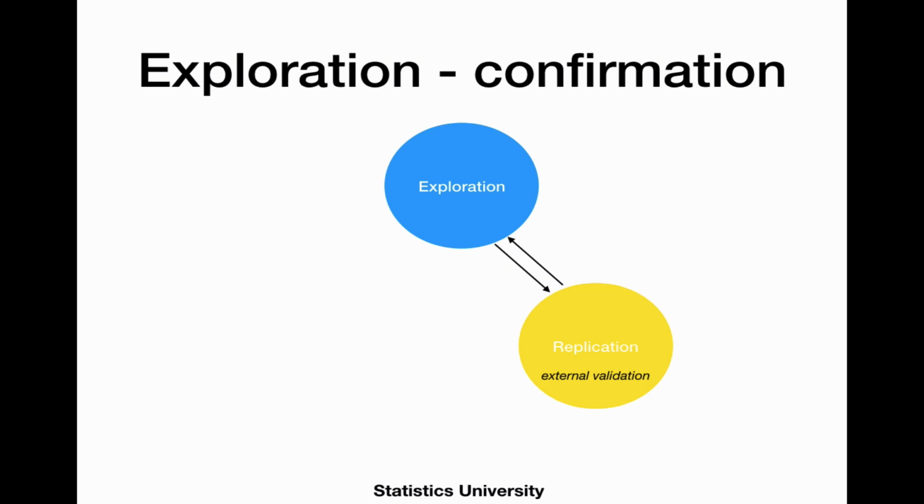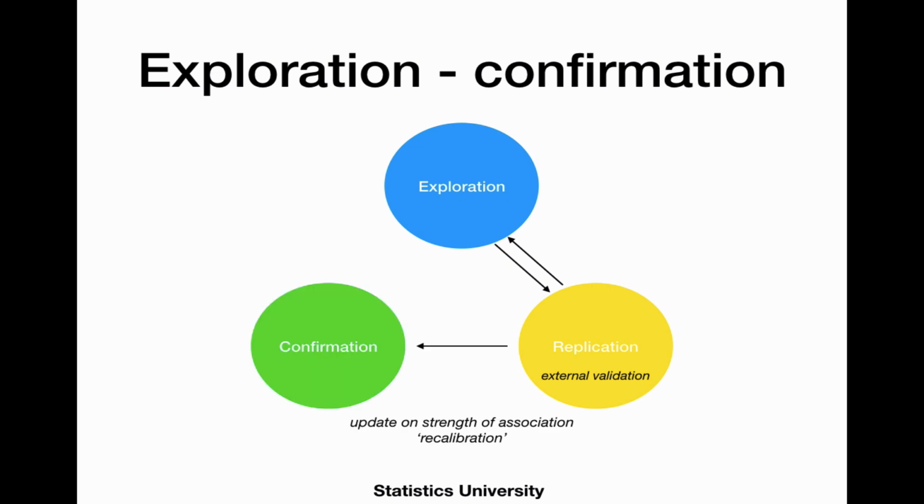But let's assume that they can be confirmed. Then eventually other studies need to replicate these findings as well and update the strength of the association. This process is called recalibration, and it changes the regression coefficients in externally validated cohorts until the model is clinically accepted.